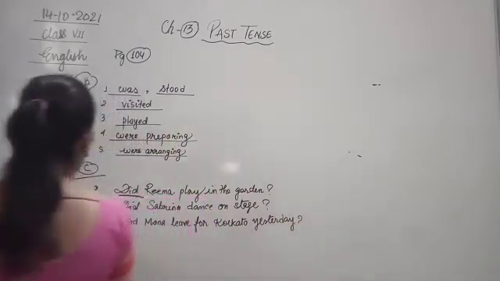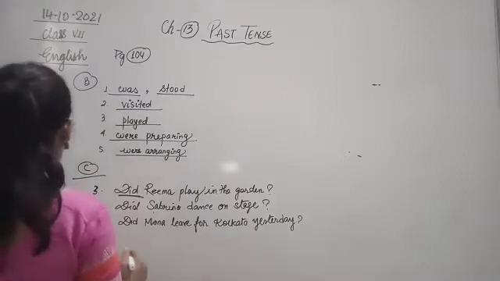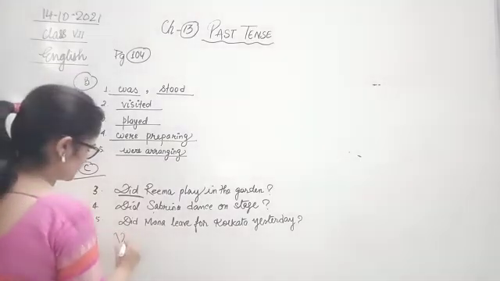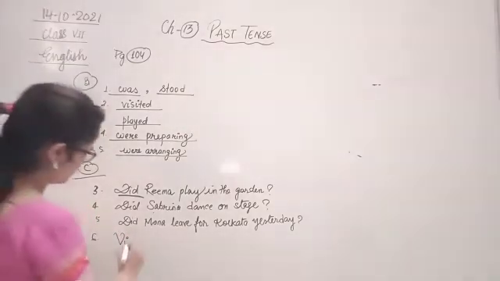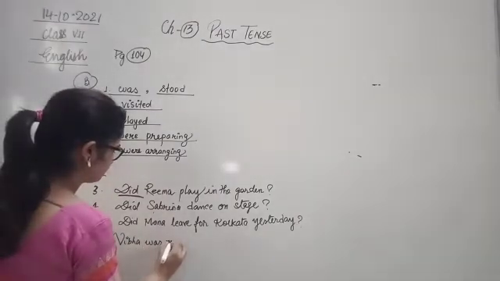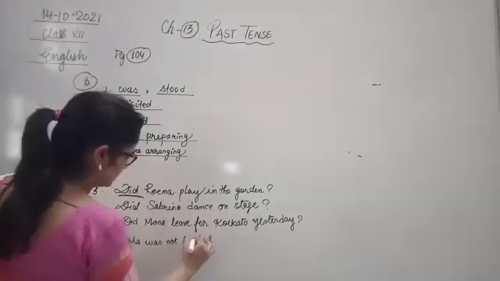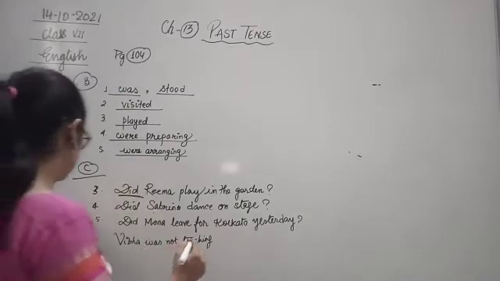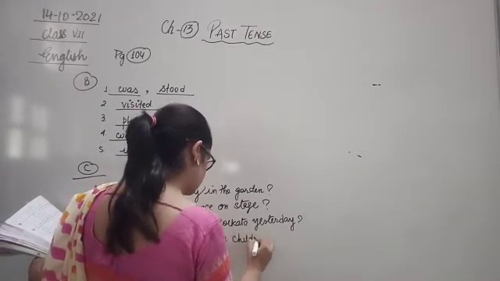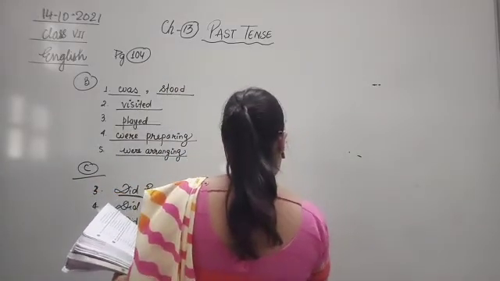Question mark. Number 6, Vibha was teaching the children to draw the map of India. Negative. So Vibha was not teaching the children to draw the map of India.